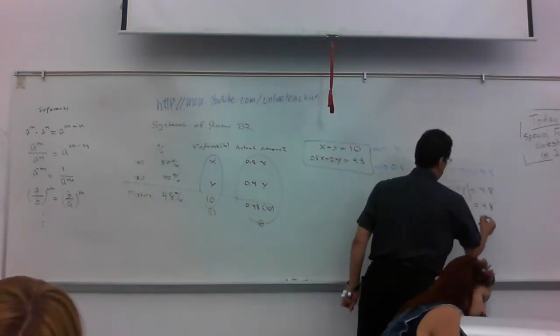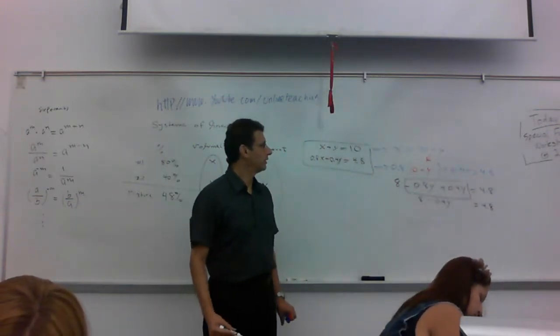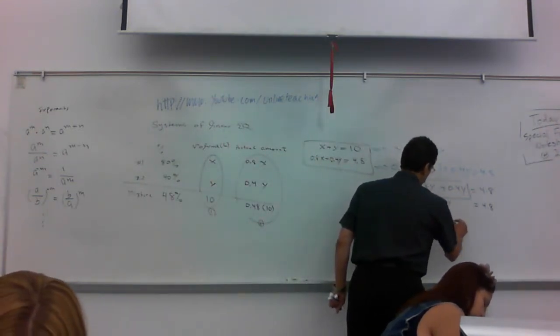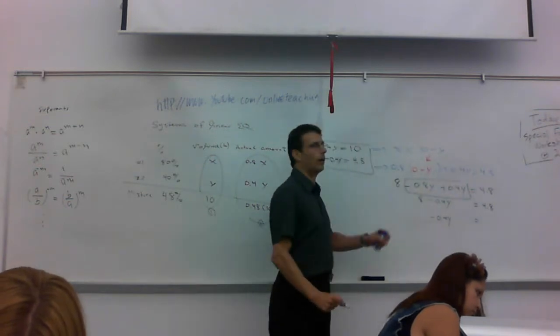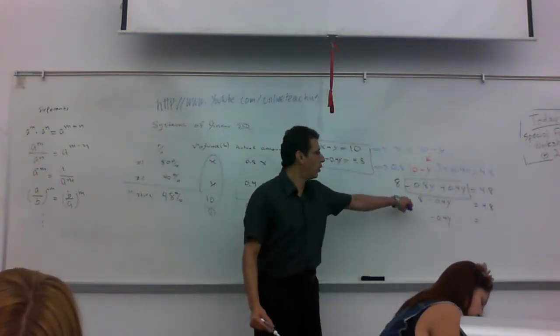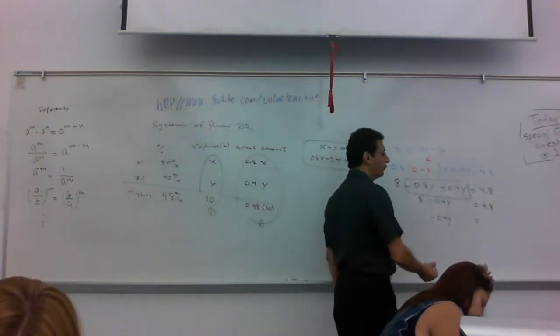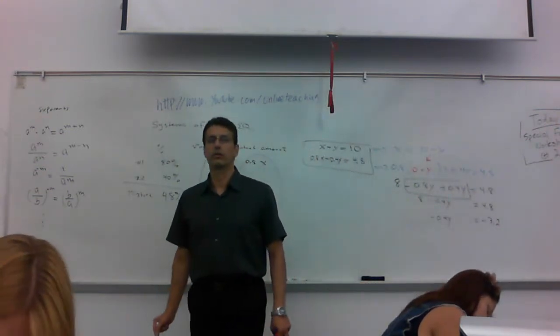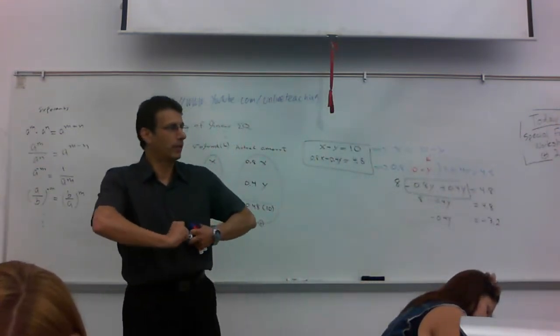Yes, class? Subtract the 8, what do you get? Negative 0.4y equals, if you subtract the 8 from both sides, it goes away from here. On the other side, what do you get? Negative 3.2. Is that right, everybody?